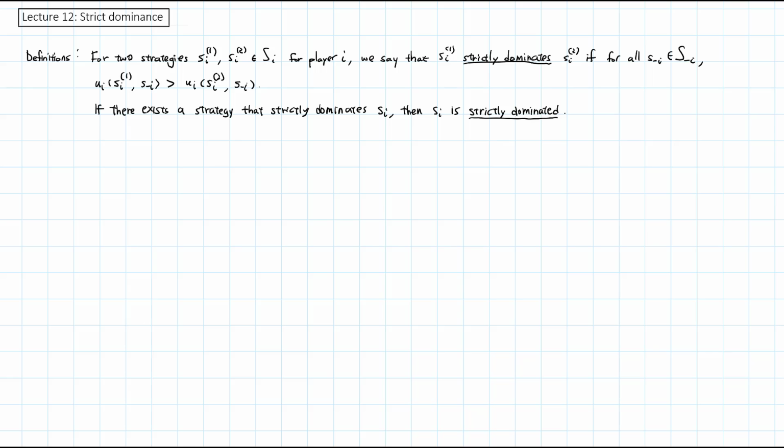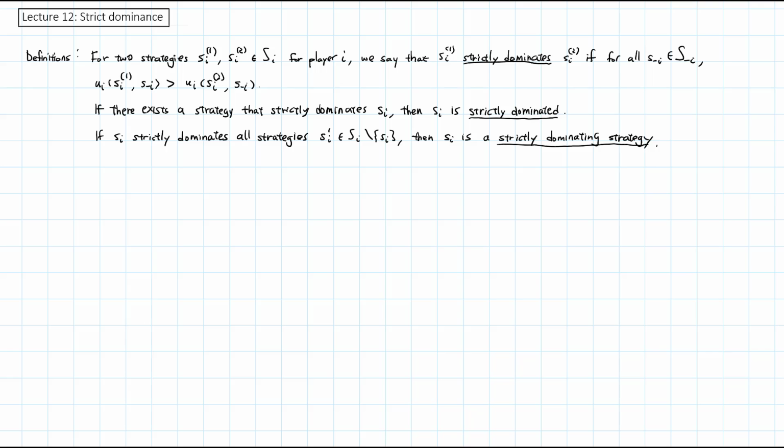On the other hand, if SI strictly dominates all strategies for player I except for itself, then SI is a strictly dominating strategy. In Prisoner's Dilemma, steal is a strictly dominating strategy for both players, as playing steal is strictly better than playing share regardless of what the other player has played.